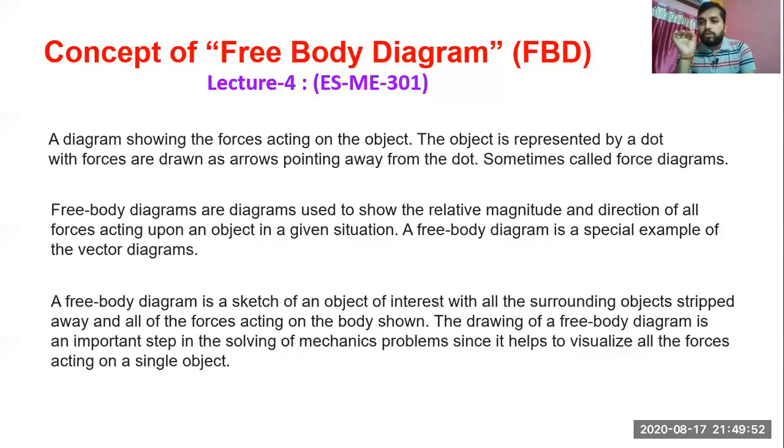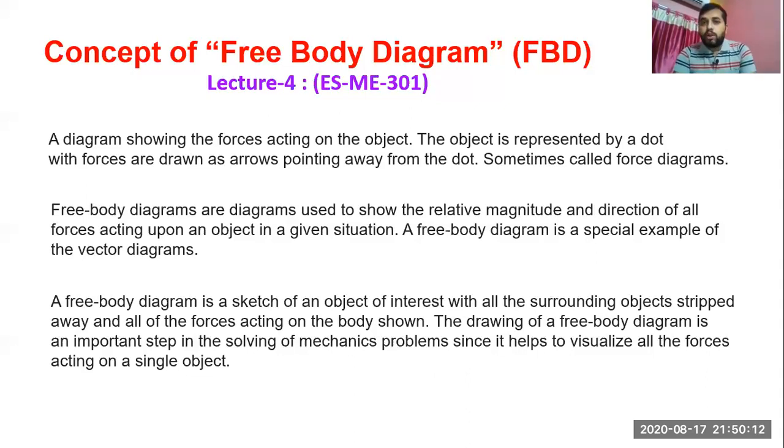Why a dot? Because we have thought of classical mechanics and we have already discussed the importance of particle mechanics. In case of particle mechanics, instead of a mass body, we will assume that all the mass of the body is concentrated on a point only.